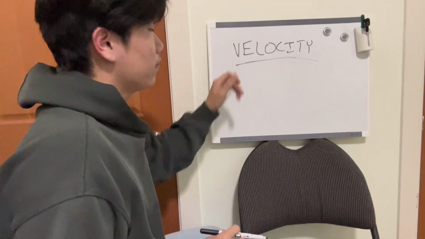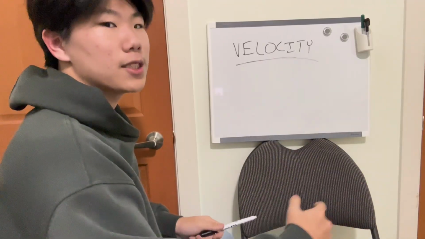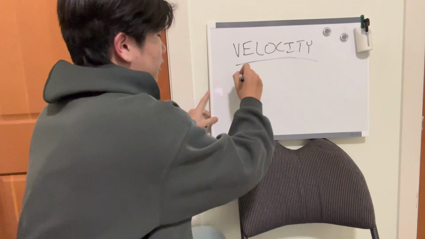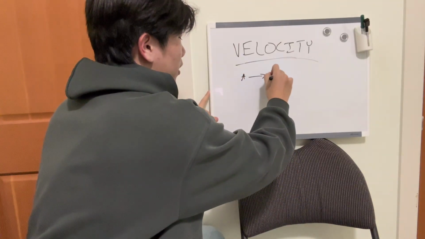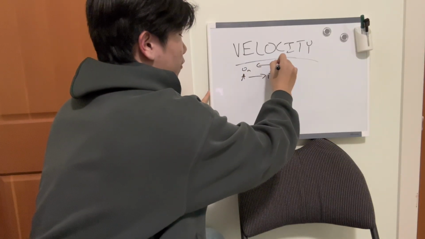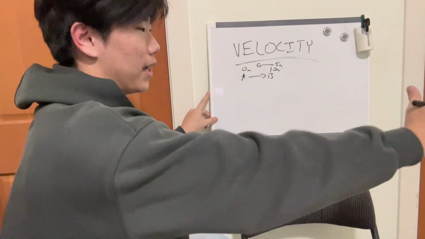Okay, secondly, velocity. The reason we learn displacement before velocity is because you need displacement to find velocity. Now, I will use the same example as last time. Point A to point B, 0 meters, 10 meters, and I walk back 5 meters. What is my displacement? As we said, 10 meters there minus 5 meters.